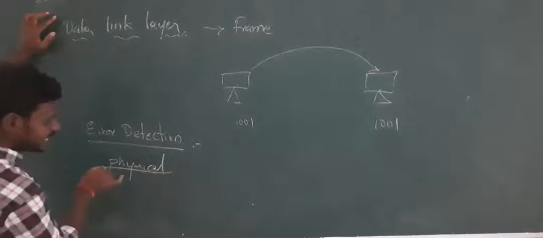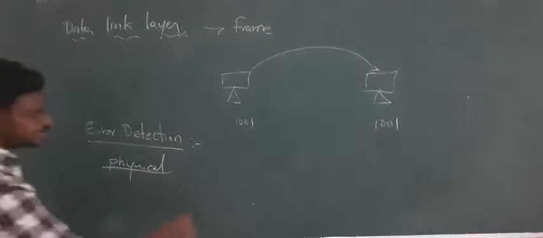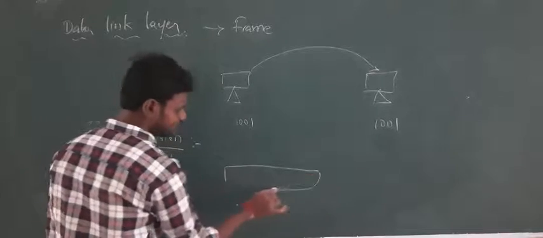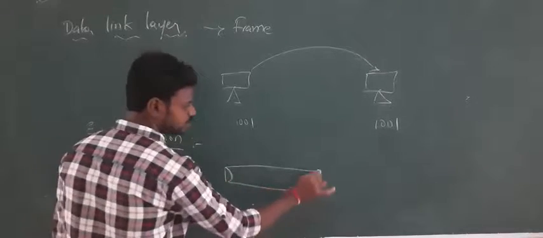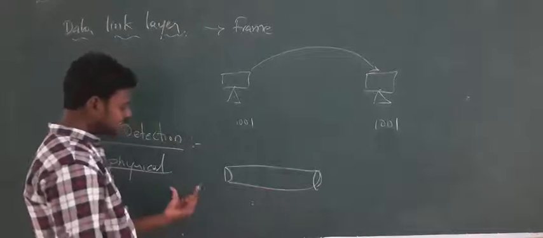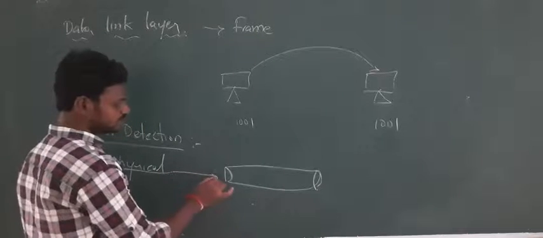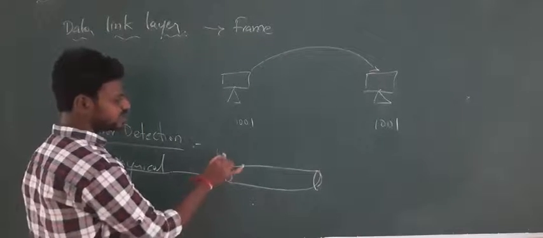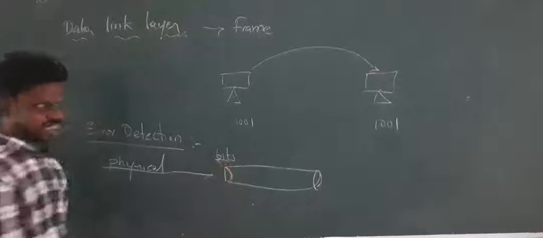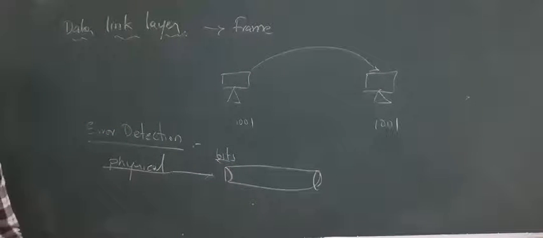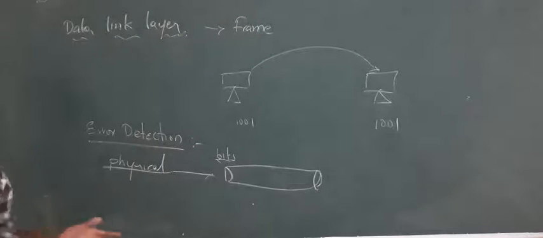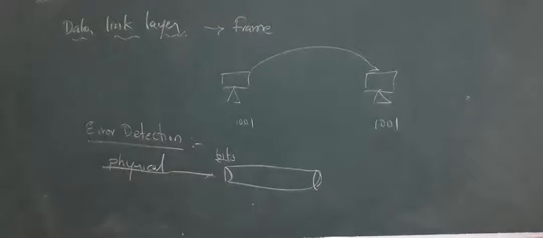The physical layer will be transmitting the data through the transmission medium in raw bits, from one system to the other, sender to receiver. Transmitting the data from the data link layer to the physical layer is also part of your data link layer.